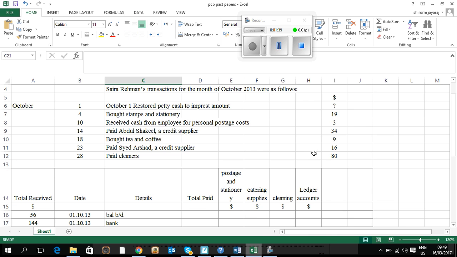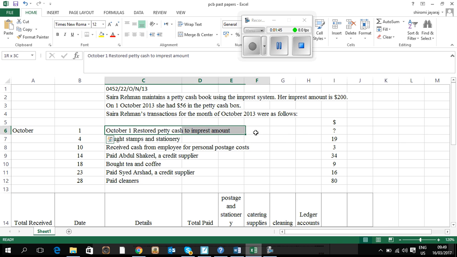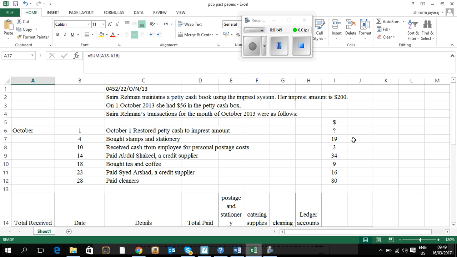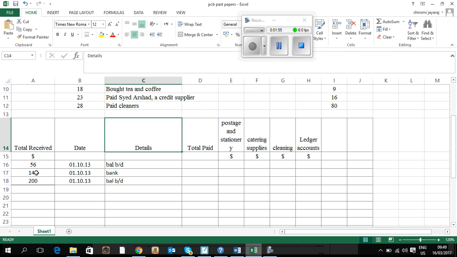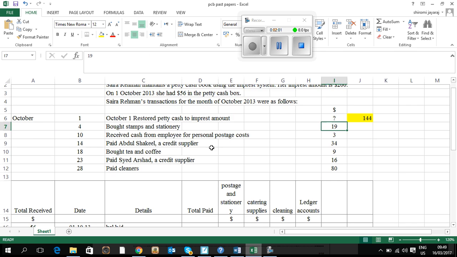Okay, now let's start the question. The first information, October 1st, restored petty cash to imprest amount. So this value we have already found, which is 144. This is the balance which we found from here. Right. Fourth, bought stamps and stationery 19.